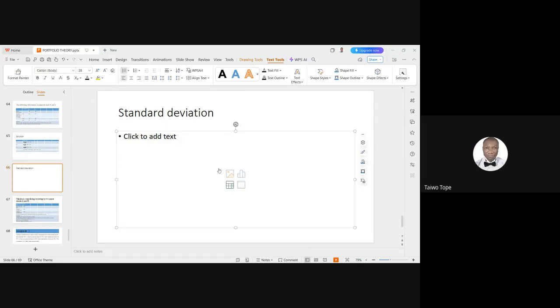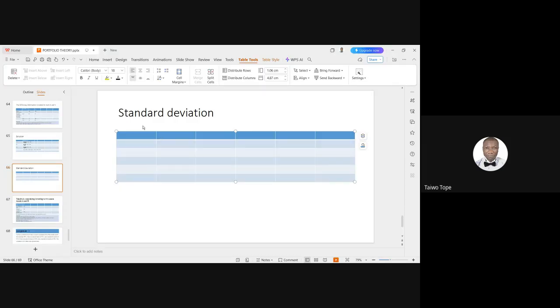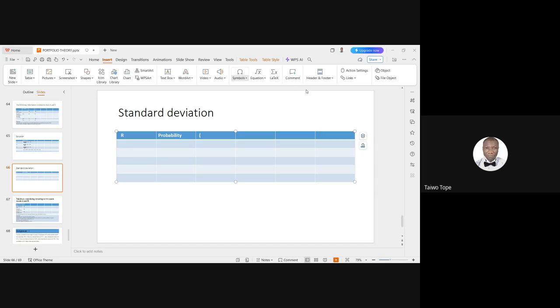We'll set up our table, calculate variance. We have probability, then we're going to get our R bar, which we've actually derived by virtue of solving for the expected return.